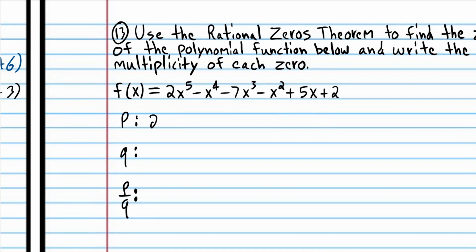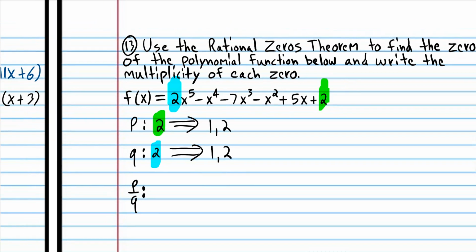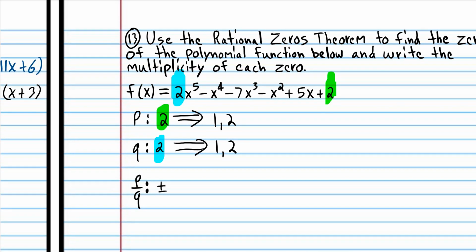So P is the factors of 2. Just to be clear, we got that from here. And Q is the factors of 2 also. So P over Q, if we divide, we get 1 divided by 1 is 1, and 1 divided by 2 is 1/2.